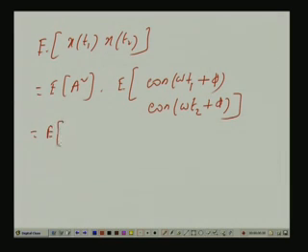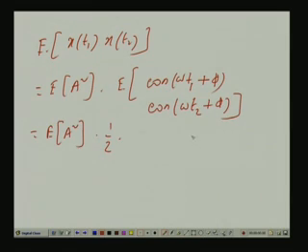So, E of A squared, and we break it as two things, half, and this expectation is nothing but multiplying this by the probability density of phi and integrating.